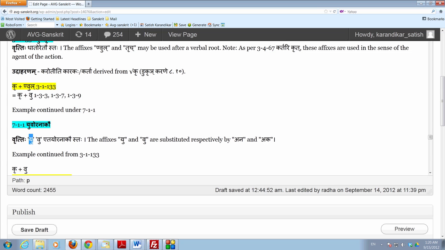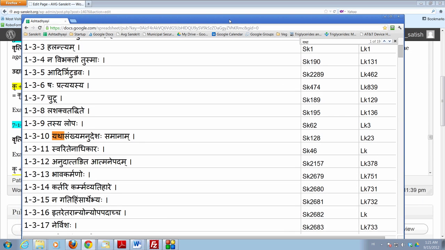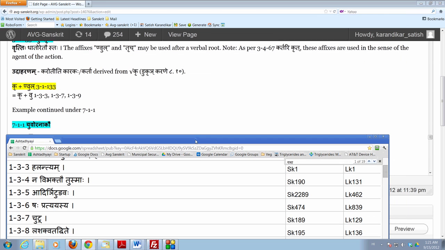Now why respectively? Because of yatha sankham anudeshas samanam. Whenever the number of terms being replaced and the number of substitutes is matching, as in this case, we have two items to be replaced, yu and vu, and we have two substitutes, ana and aka, so we can do respective substitution.